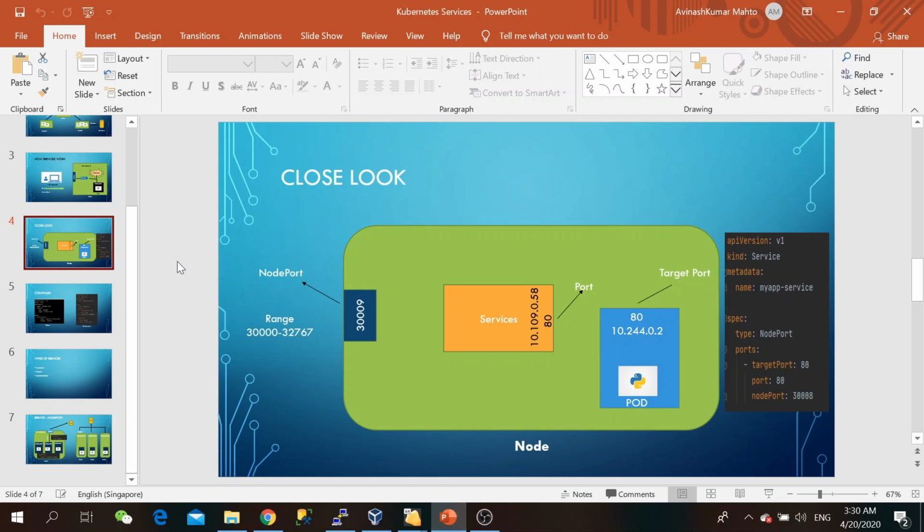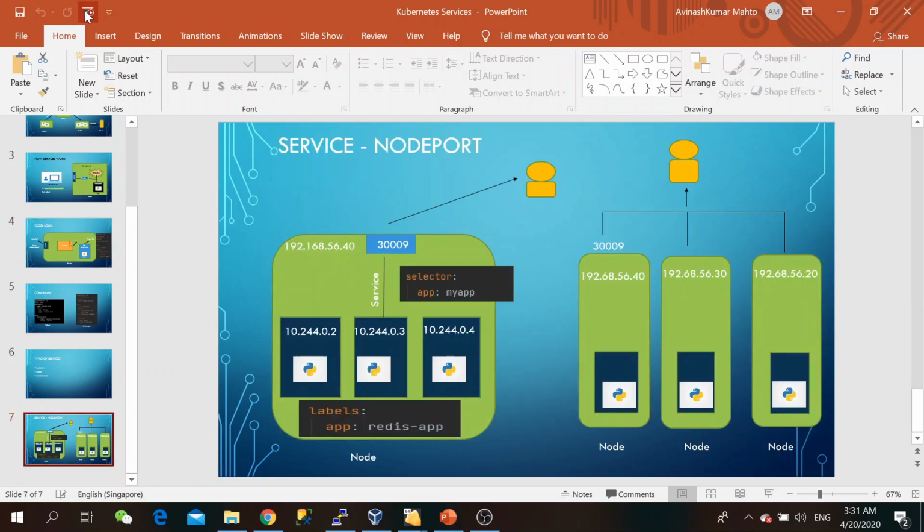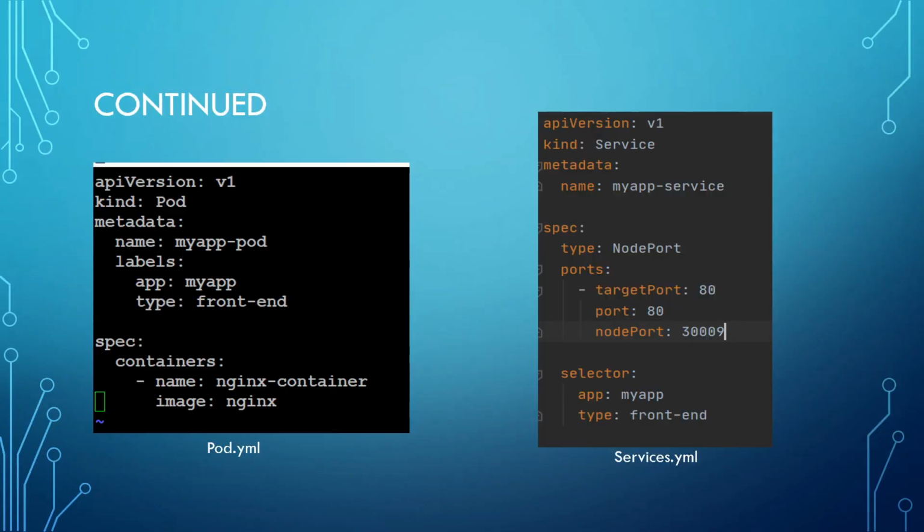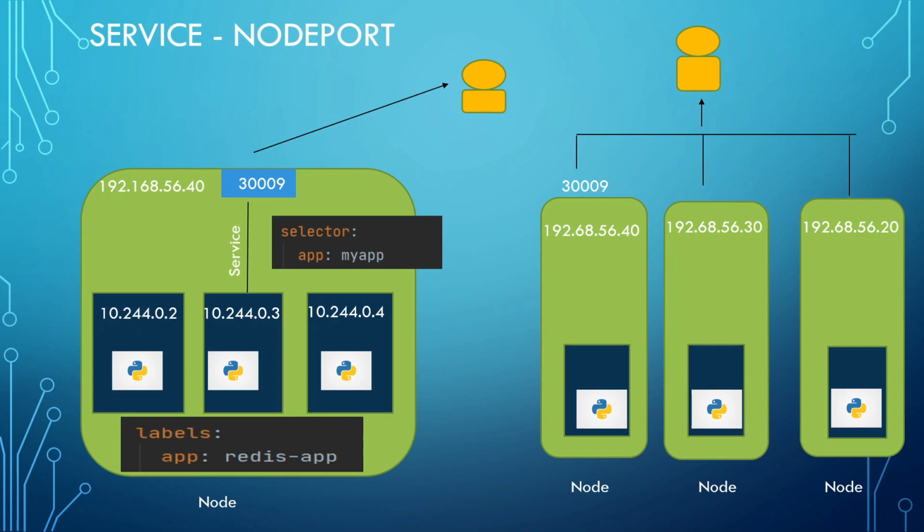Okay guys, so what we have seen till now is a single pod running on a single node, and that's how we have created the service. But what will happen when you have multiple pods? Let's come to this slide. On the current slide, this is the single node. In the previous slide we saw a single node and a single pod.